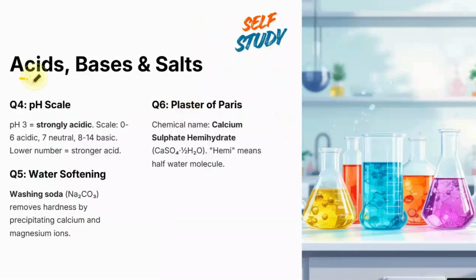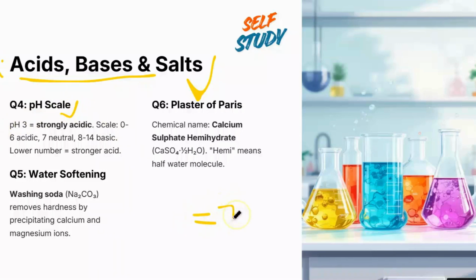Next, from acids, bases and salts, the second lesson of chemistry, the most important thing is pH. Three topics are important in this lesson. The first one is the pH scale.